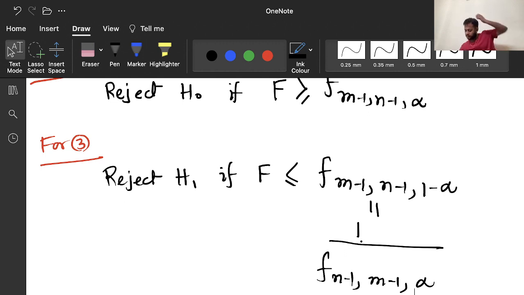So that's it. That's all that we will do for the parametric test. Now we will shift our focus toward the non-parametric test.